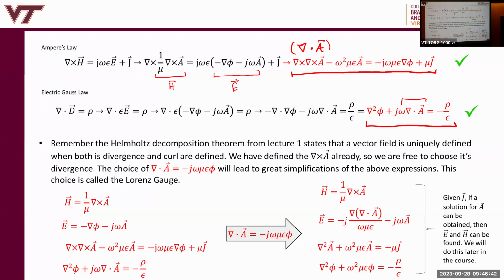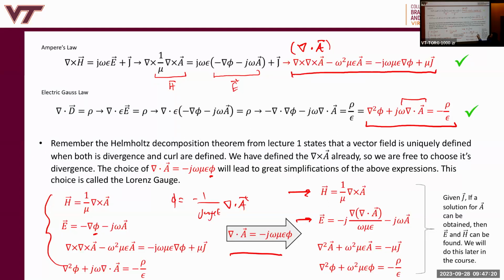If you apply the Lorentz gauge to the four equations we derived from Maxwell's equations, you end up with H equal to 1 over mu curl of A. E is equal to minus j gradient of the divergence of A over omega mu epsilon, because E was minus gradient of phi, but we now have a definition for phi: phi is equal to minus 1 over j omega mu epsilon times the divergence of A. Plug that in here, and we get E completely in terms of A.